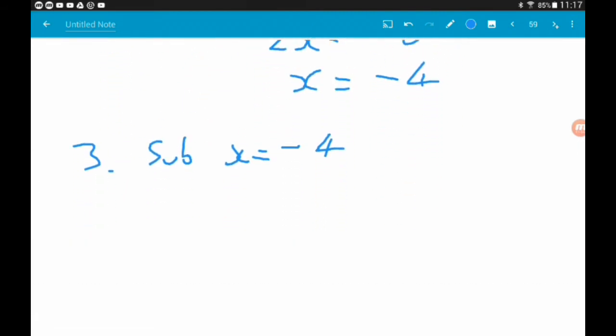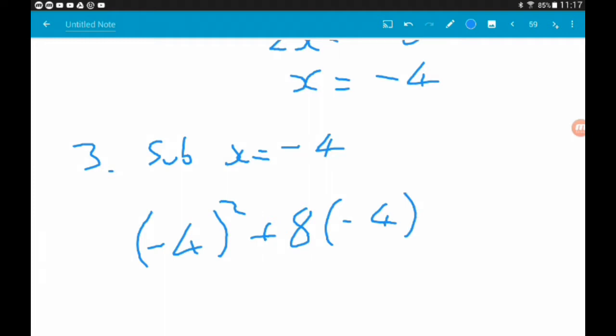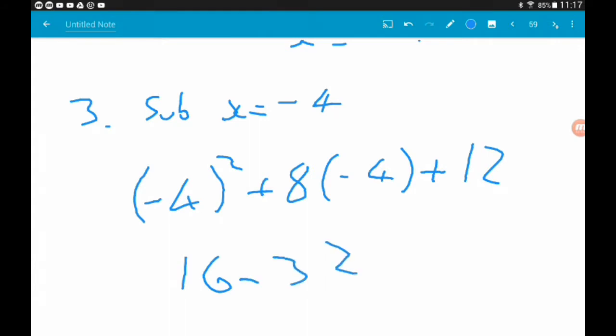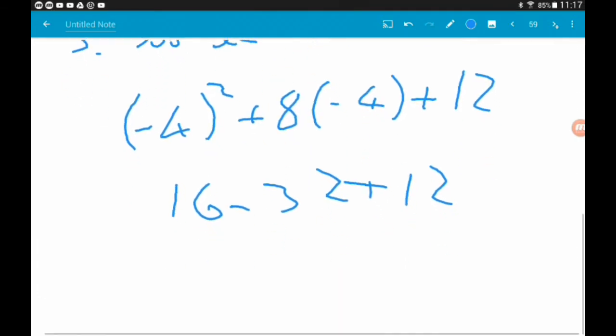So we're going to get minus 4 squared plus 8 lots of minus 4 plus 12. Now minus 4 squared is 16. So we got 16 minus 32 plus 12.